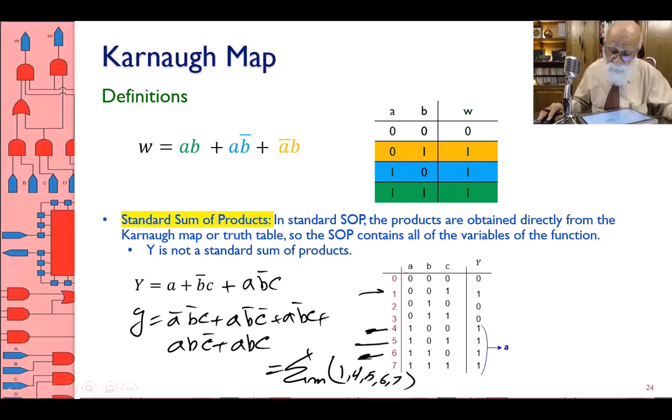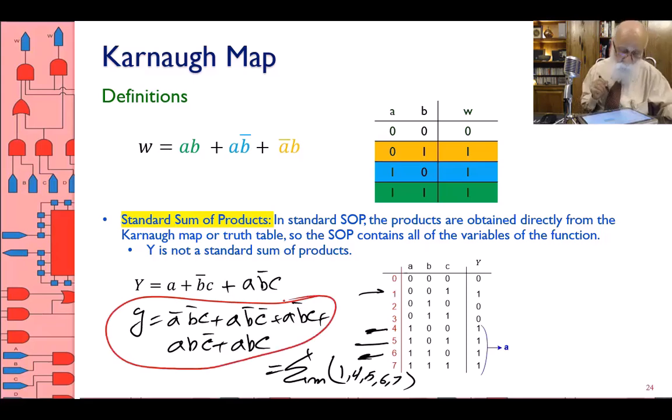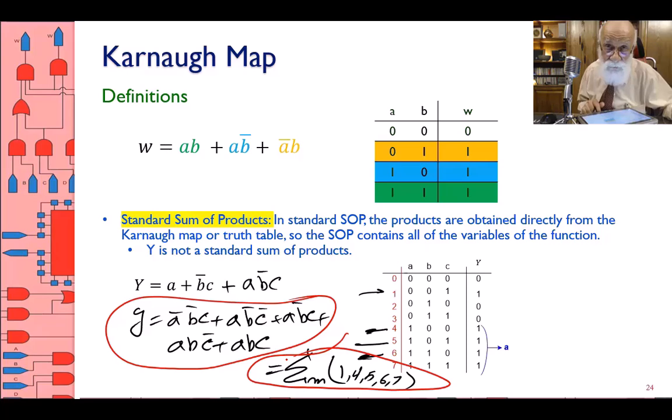This is the standard sum of product for Y, because you are saying sum of minterms.